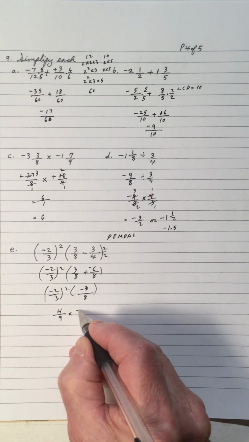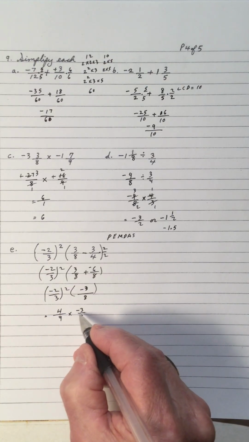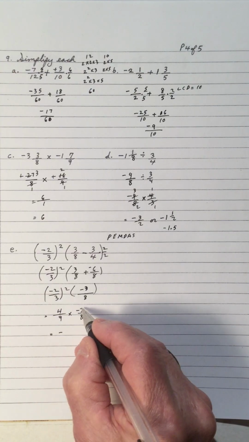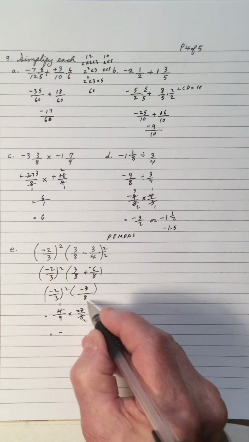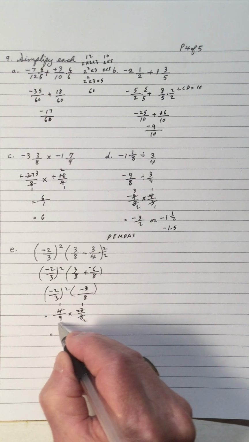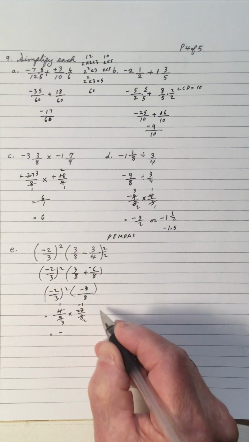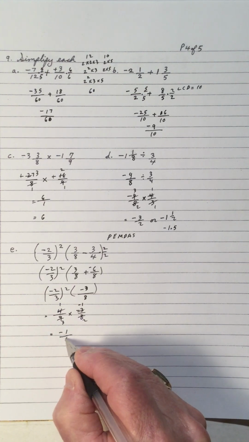And that's a multiplication of a negative 3 over 8. And we know a positive times a negative is a negative. So 4 into 4 once, 4 into 8, 2. 3 into that is 1. 3 into that is 3. So we can say 3 into negative 3 is a negative 1. So that's a negative 1 over 6.